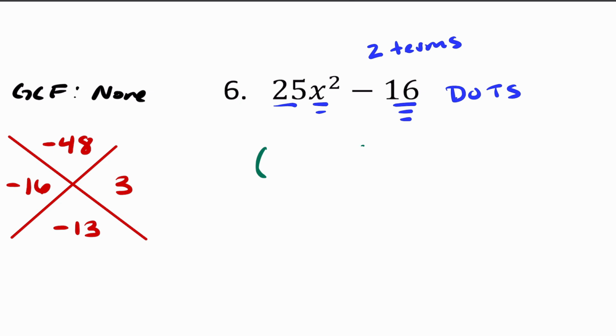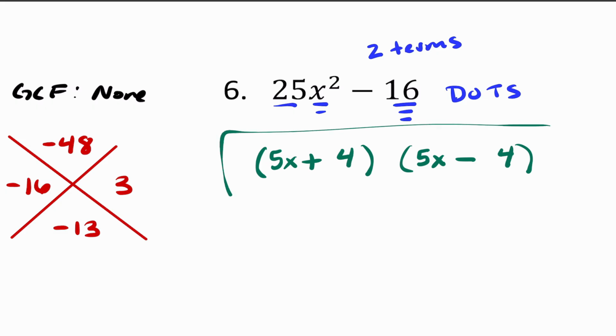So we have one set of parentheses and another set of parentheses. One needs to be plus and the other needs to be a minus sign. So if we were to take the square root of 25x squared, it's 5x. And then the square root of 16 is 4. And we're done.